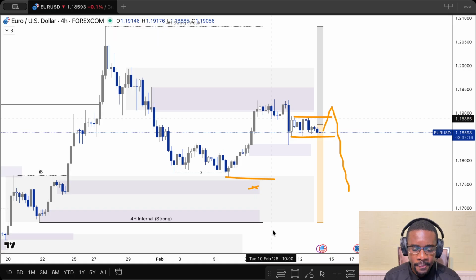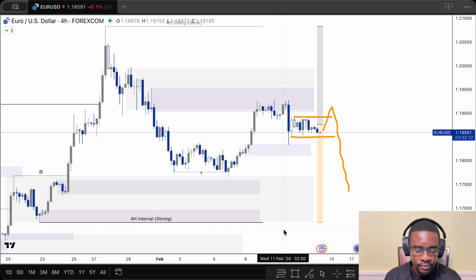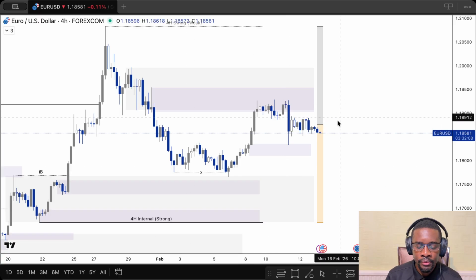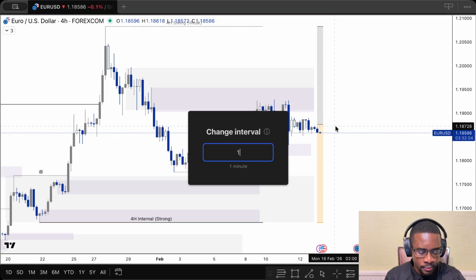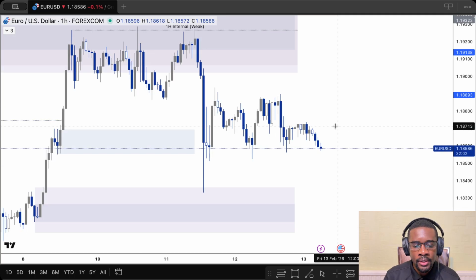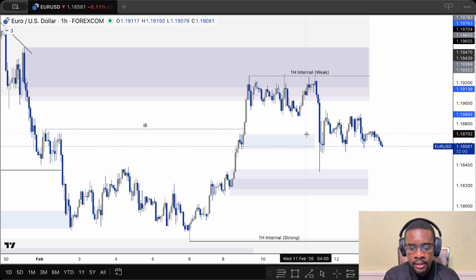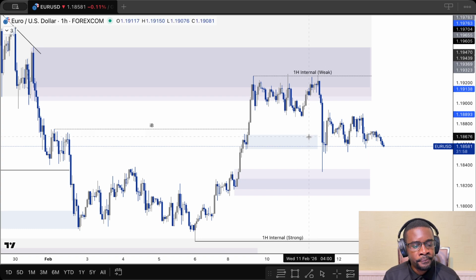So right now we'll probably have to be a bit more reactive and wait for the news to see what will happen, and then act accordingly afterwards.